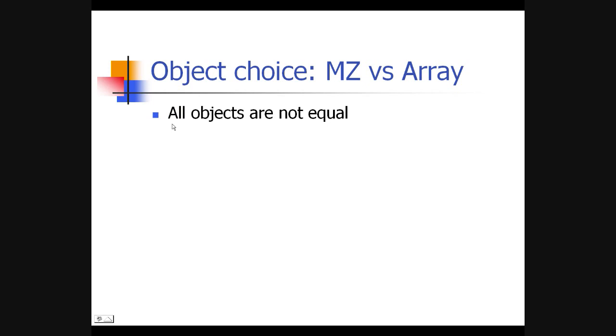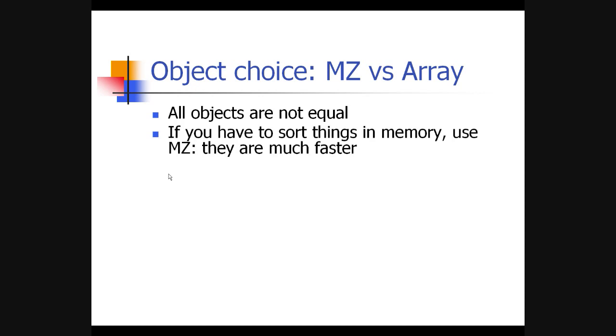You also have to remember that all objects are not equal. In this example, I'm talking about memory zone versus array. I had to code some processing at some point where I found out that memory zones were much faster for my need.